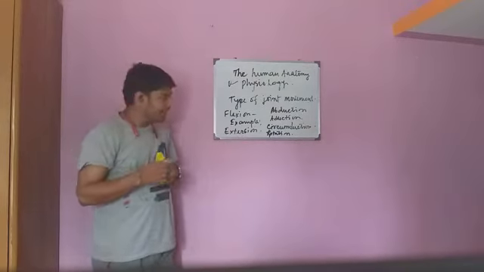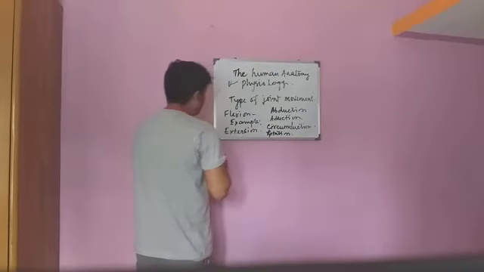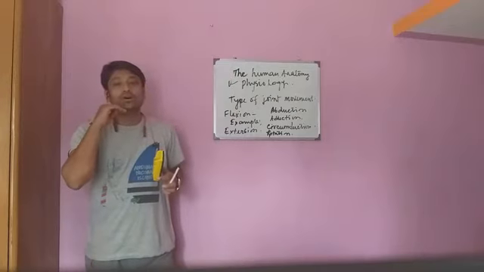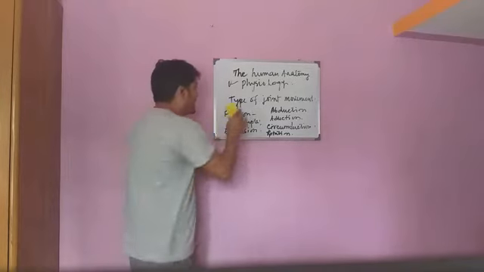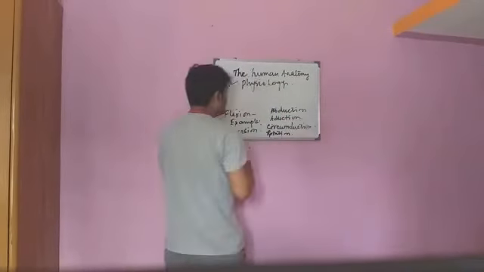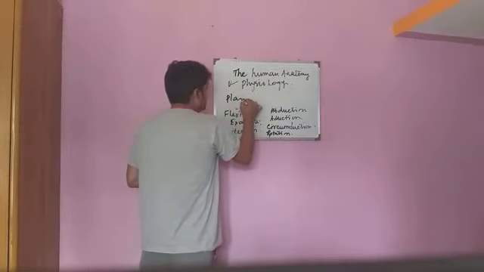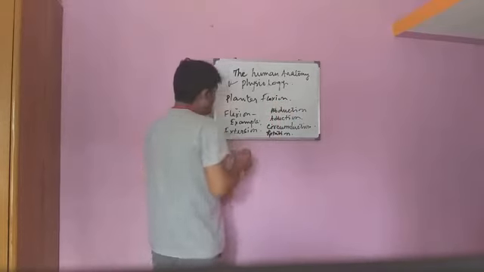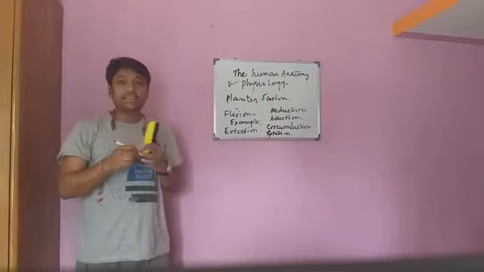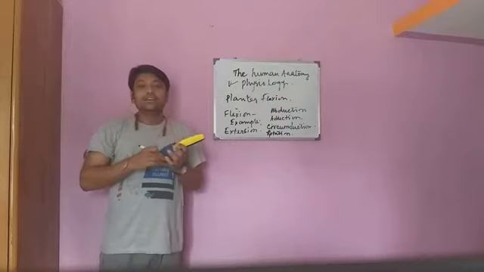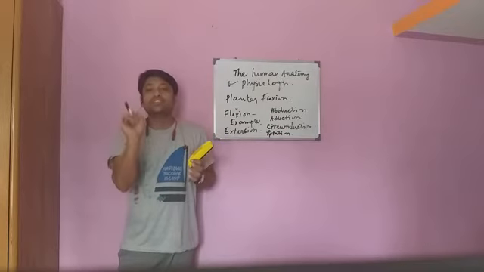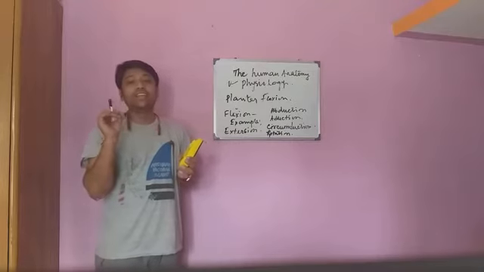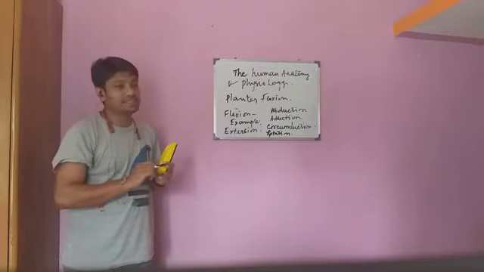And next one, plantar flexion. Plantar flexion is pointing the toes. This movement only occurs at the ankle. For example, pointing the toes in ballet.